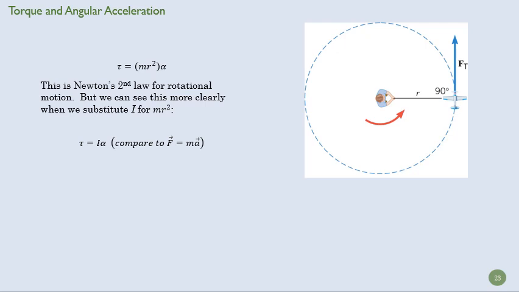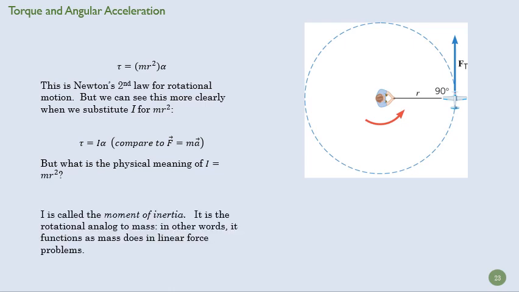When we solve these problems, we often substitute this guy for I. And I is a really interesting physical characteristic. You can see it has the mass in it, but it also has the radius, because that radius is pretty crucial to how torque works.